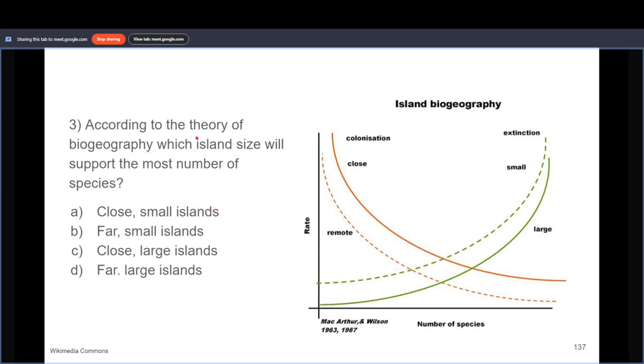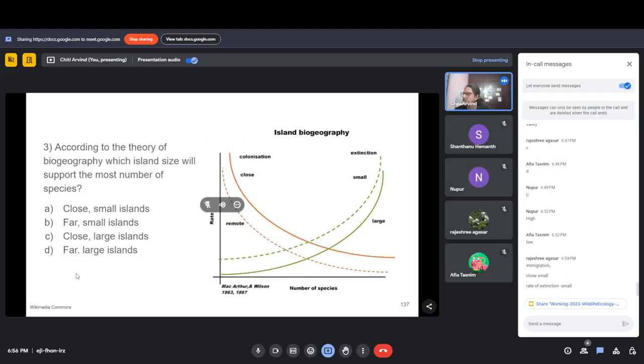So, according to the theory of island biogeography, which island supports the most number of species? It will have to be close large islands, which falls here, right? This particular solid line intersection, if you drop it down as a perpendicular, that will have the most number of species. Is this clear to everyone?